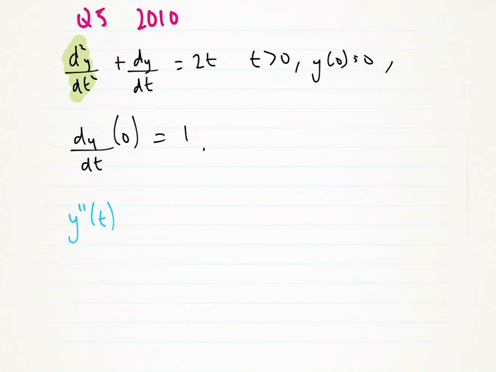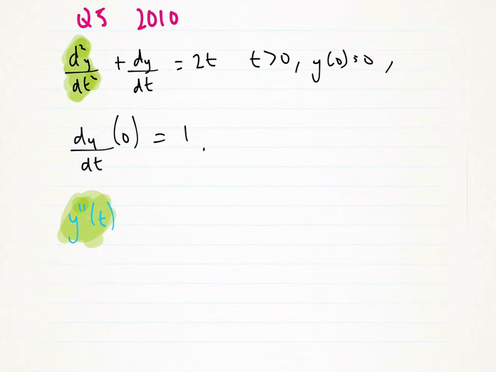The green highlighter, which is this and this, are exactly the same thing. The double dash here is the same as d squared, and the squared there as well. So there's just two different ways to write the same thing. I'm going to stick with this notation, so don't be scared by it.